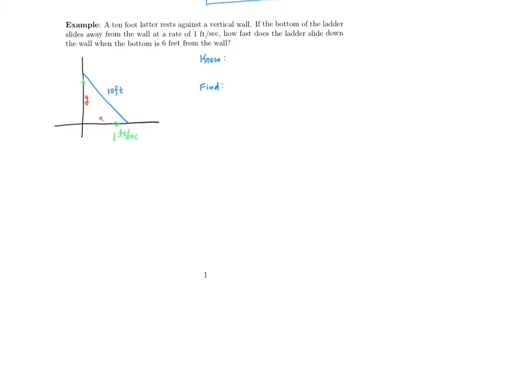Note the information we are given. The bottom of the ladder slides away from the wall at a rate of 1 foot per second. Well, x represents that distance the bottom of the ladder is away from the wall, so that is describing precisely the rate of change of x with respect to t, and we are given that it's always 1 foot per second.